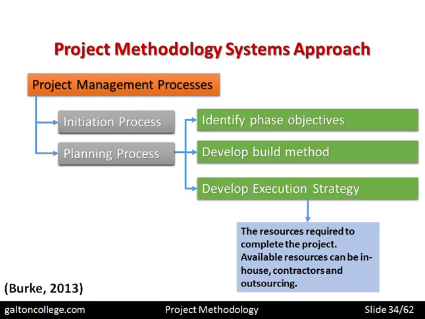So the objectives have been identified, the build method, how it's going to be done, has been identified, and now develop the execution strategy, how it's going to be done in practice.